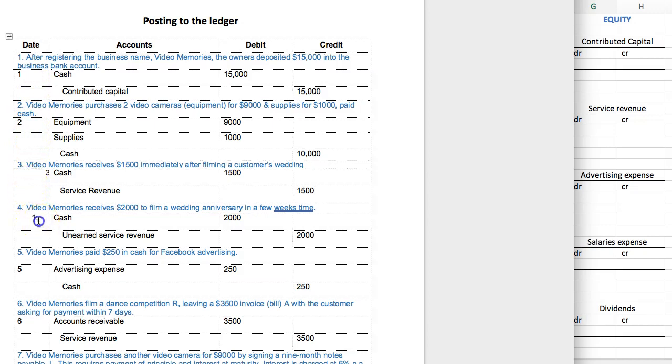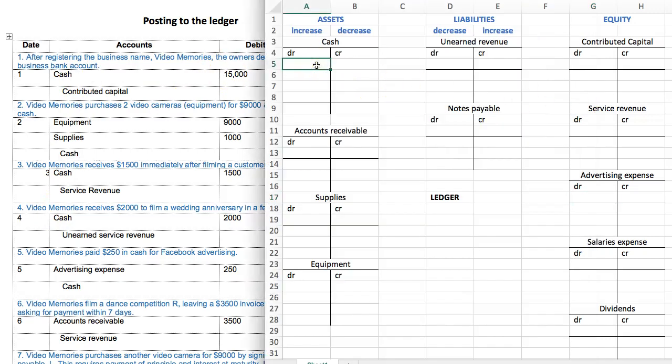I'll quickly change that. So we have cash debit, contributed capital credit, the same number, 15,000. I go over to my T accounts, and for cash I put in the debit side 15,000, then I go to contributed capital, and on the credit side I put in 15,000 as well.